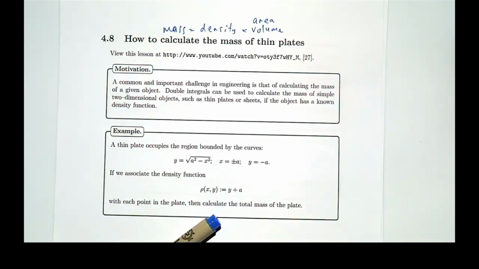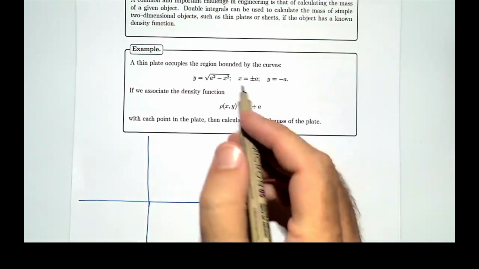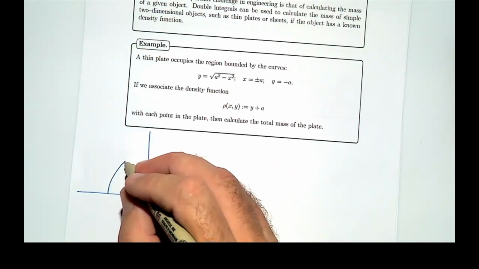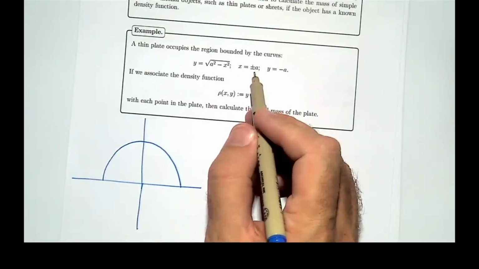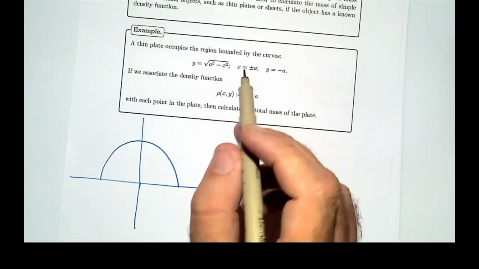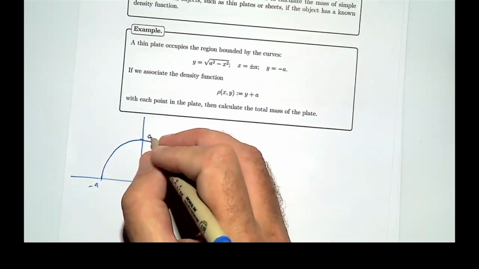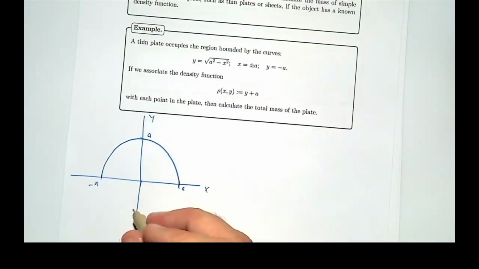So let's draw a picture first. All right, so y equals that. So that's the top part of a circle. And then x equals positive and negative a, so that's there and there. And then y equals negative a, so that's there.